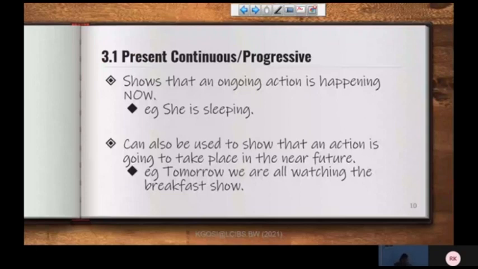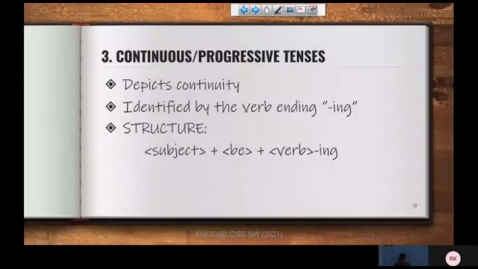Now, what's important here about the continuous tense, what actually causes that point of difference, is the verb be. I'm going to go back to the structure there and say we have the subject, we have the auxiliary verb be, and then we have the actual verb that we're talking about. The auxiliary verb be, its time factor is the one that determines if you call it past, present, or future tense.